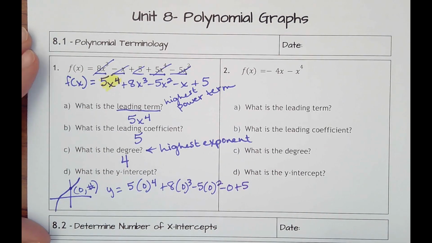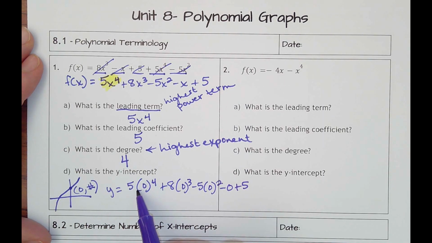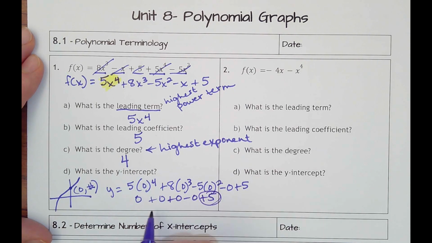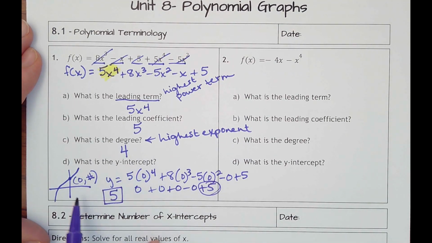Well, what's so convenient about this is 0 to the fourth is 0 times 5 is 0. 0 to the third times 8 is 0. 0 squared is 0 times negative 5 is 0. Minus 0 plus 5. Everything cancels out. It's just this constant. So 5 would be your y-intercept. I don't even think they want it as an ordered pair of 0, comma 5. I think they just want 5.